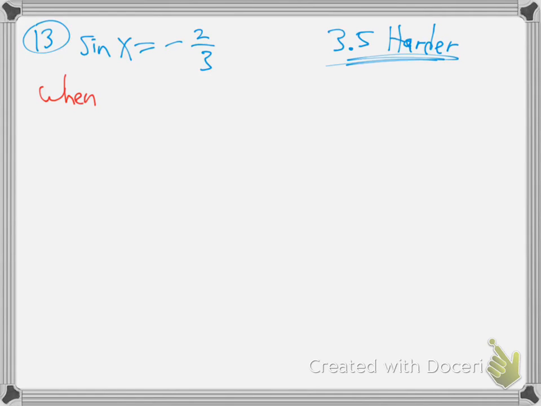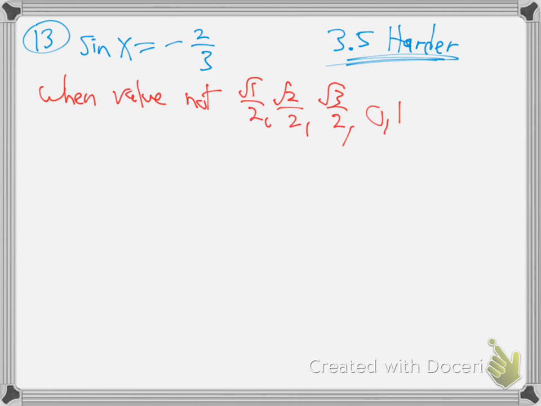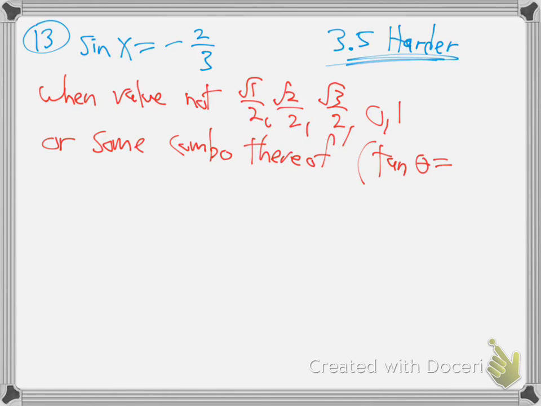When the value is not square root of 1 over 2, square root of 2 over 2, square root of 3 over 2, 0, 1, or some combo thereof. What do I mean by that? Well, you could have, for example, tangent of some angle is square root of 3 because it was square root of 3 over 2 over a half and these canceled.